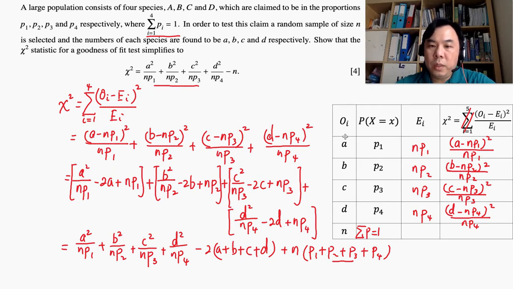And then we know that the sum of all the observed frequencies would yield an n. This part will be 2n. This part is only left with n here. Therefore, our final expression will look like this.